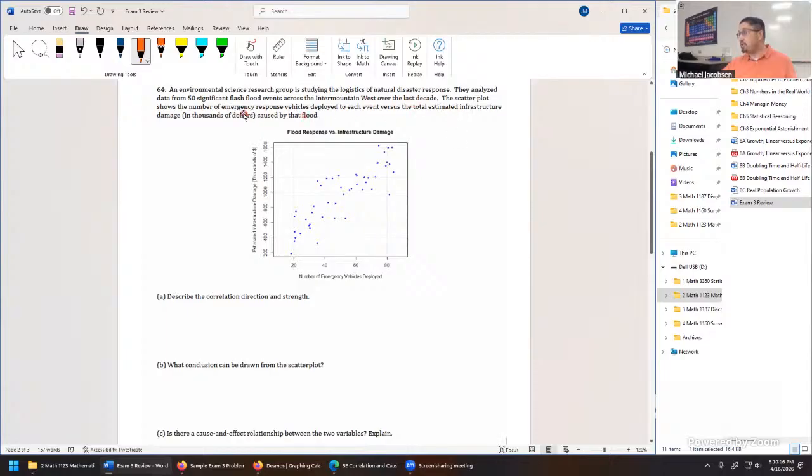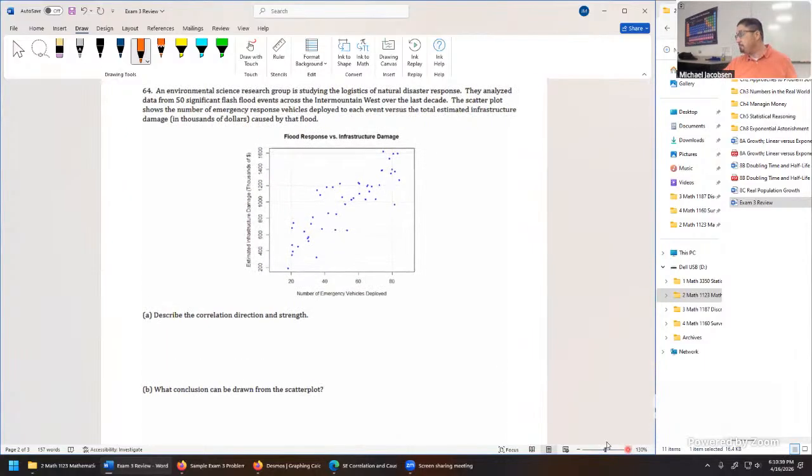The scatter plot shows the number of emergency response vehicles, I guess that could also be all sorts of things, helicopters and so on, deployed to each event versus the total estimated infrastructure damage in thousands of dollars caused by that flood. So we're looking into flash floods in the Intermountain West over the last 10 years.